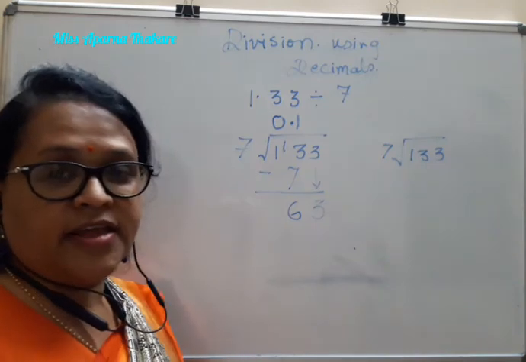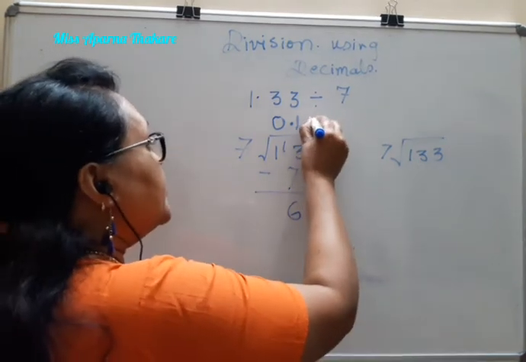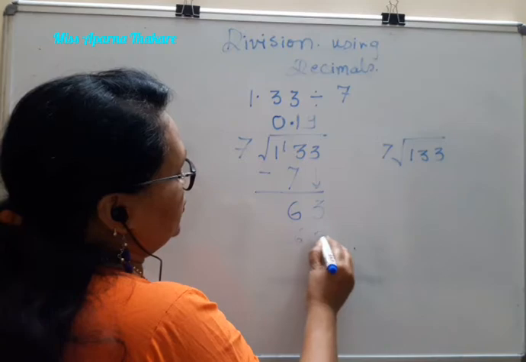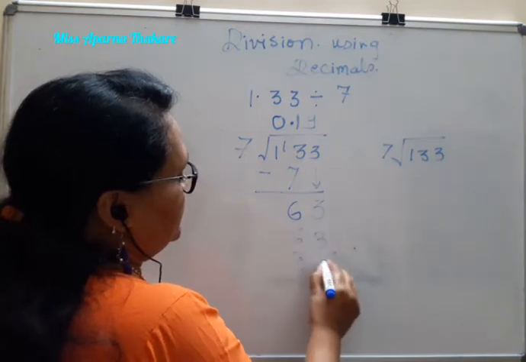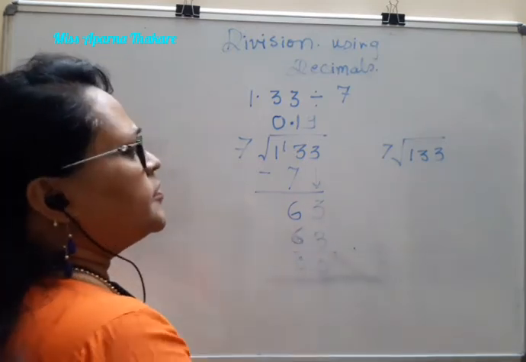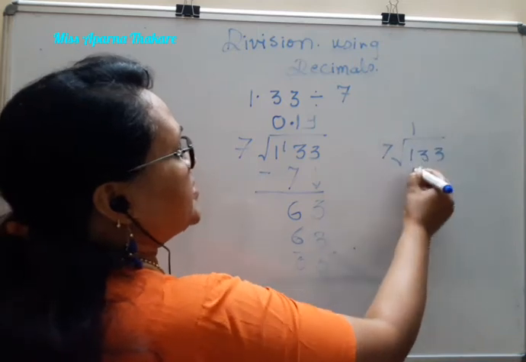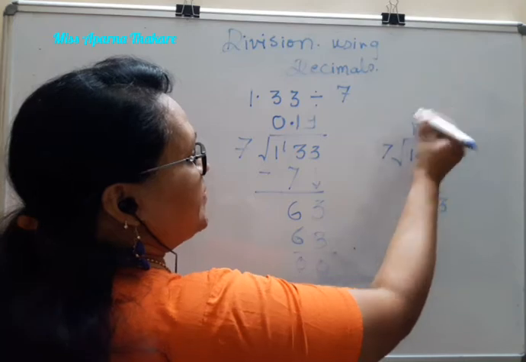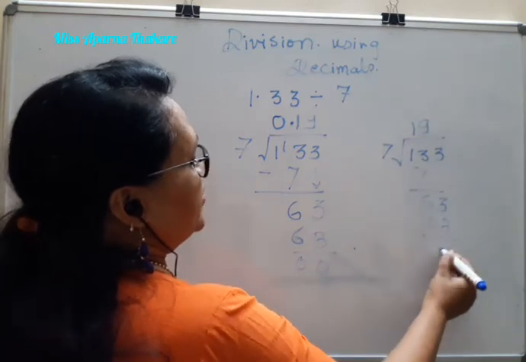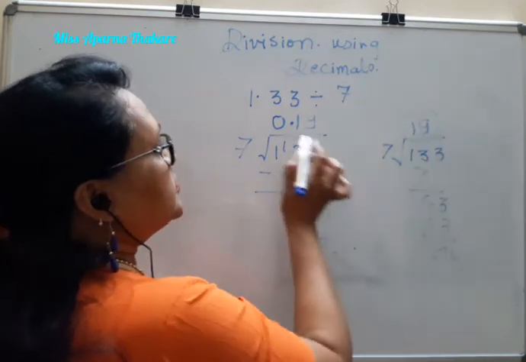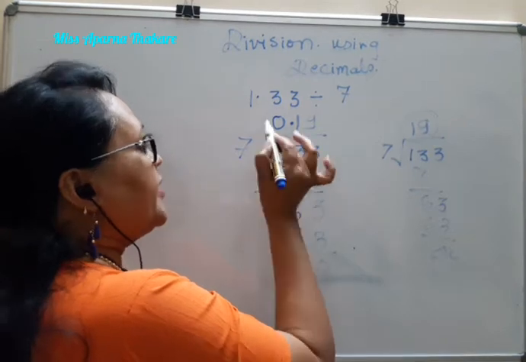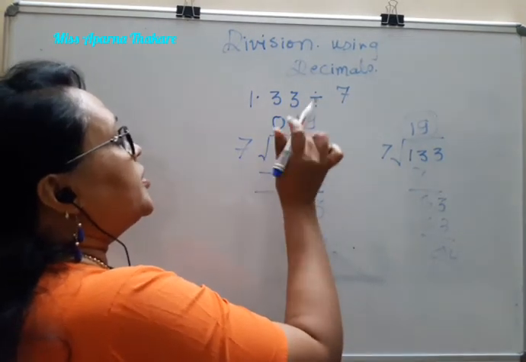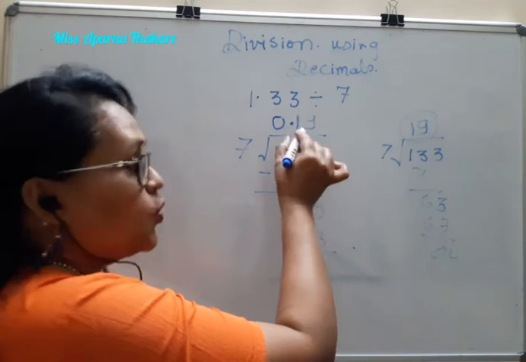It is 63, and 7 nines are 63. Directly we can say 7 ones are 7, it will be 6 and 3, and 7 nines are 63. The answer is 0.19, and the decimal point we put first in the quotient place.